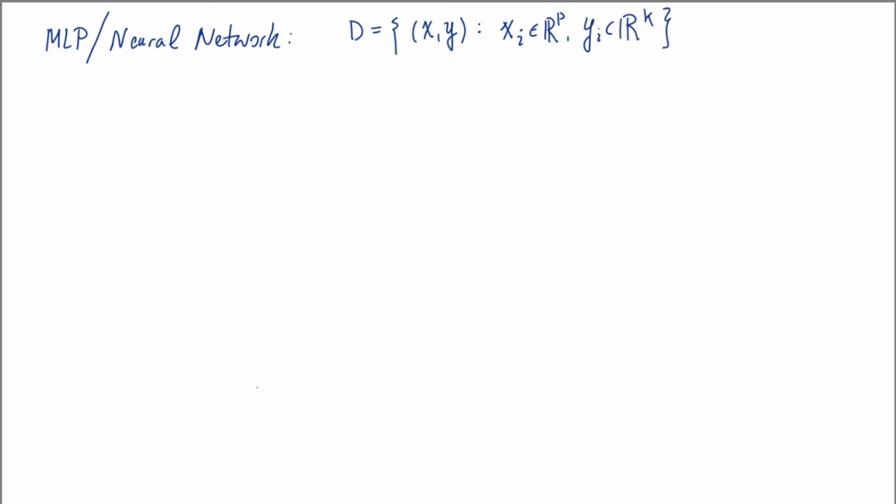Okay, so we have our data set, xy pairs. xi is a vector in p dimensions, so this is how many features we have, and our output yi is a k-dimensional vector. Okay, and so that means that, for example, if you have a multi-class problem, right? If you're trying to predict one of k labels, this kind of network can do that for you.